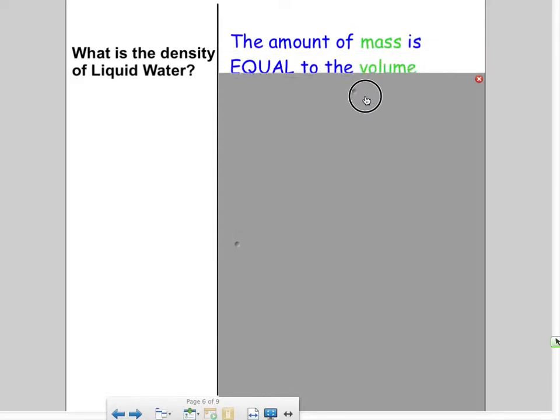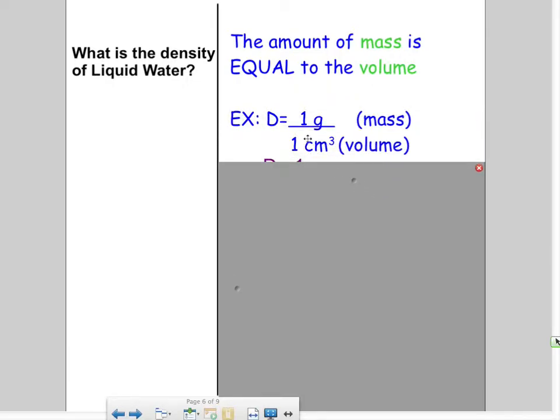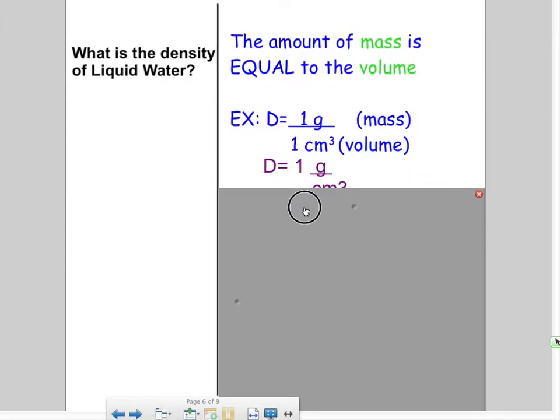For example, the density equals 1 gram of H2O over 1 centimeter cubed of volume. So it's a 1 centimeter by 1 centimeter by 1 centimeter cube. There's 1 gram in there. Notice the two ones here, 1 and 1, gives you a density of 1 gram per centimeter cubed.